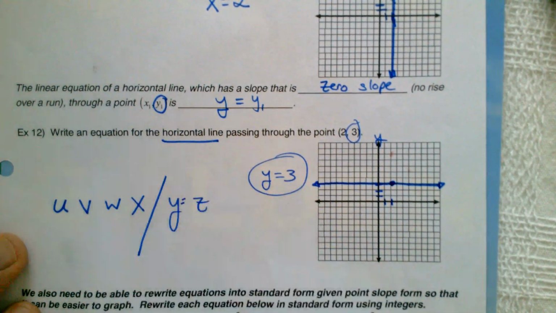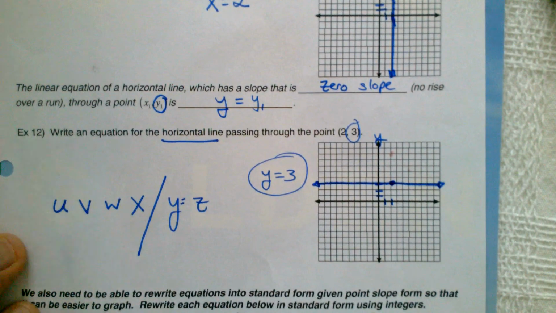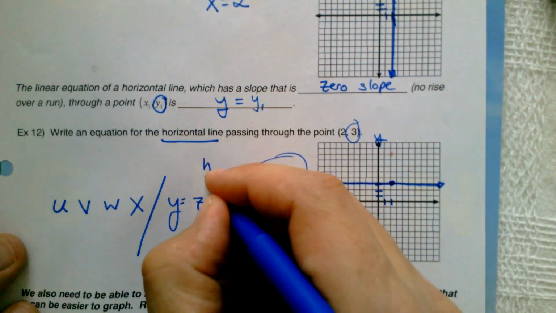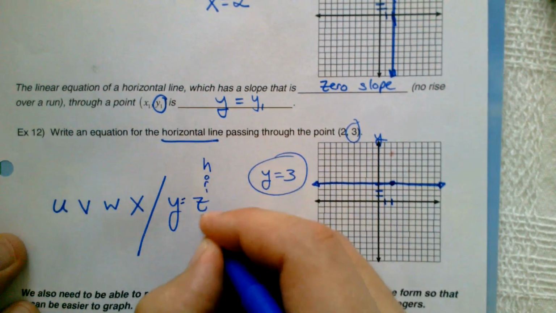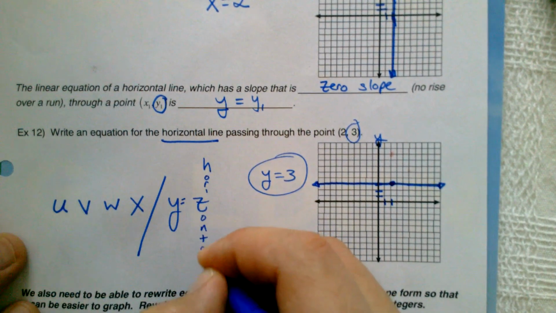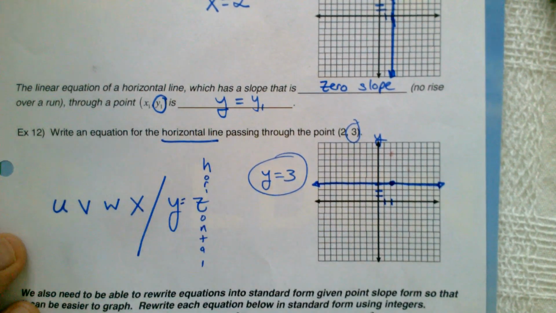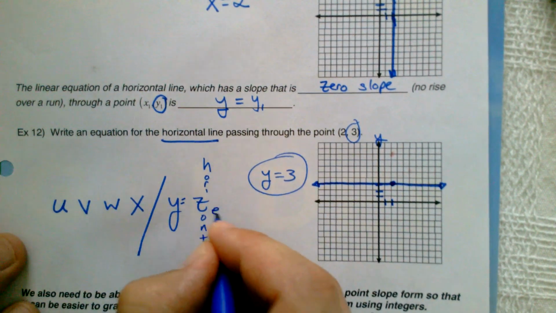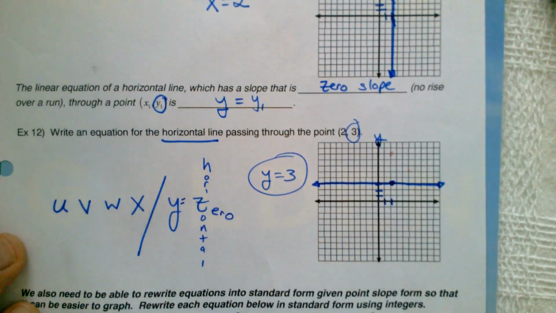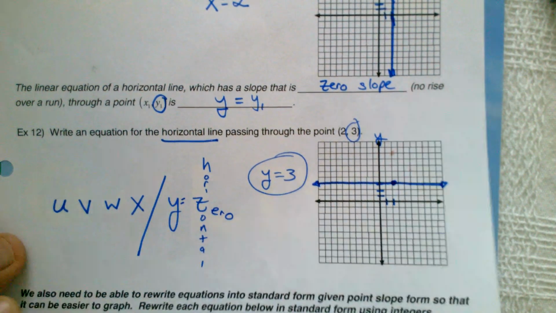If it's a Y equals line, so if it's Y equals a number, then I know this is going to be a horizontal line. All right, horizontal. It's a horizontal line with 0 slope. It's fun to say. 0 slope is horizontal.